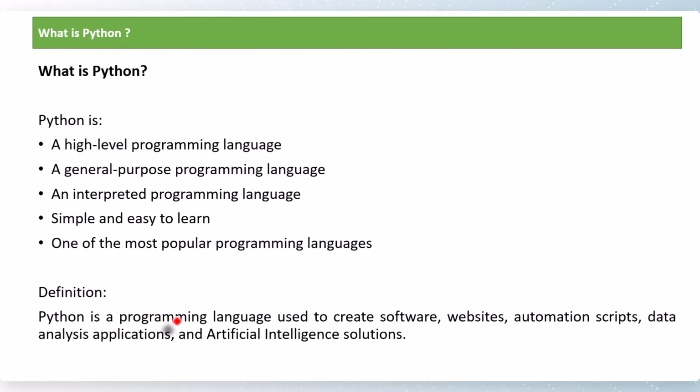So Python is a programming language. It is used to create software, can be used for creating websites, automation scripts, data analysis applications, and artificial intelligence solutions. So we can use Python in different places.